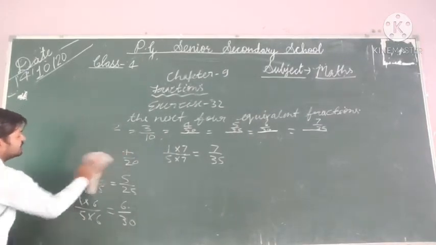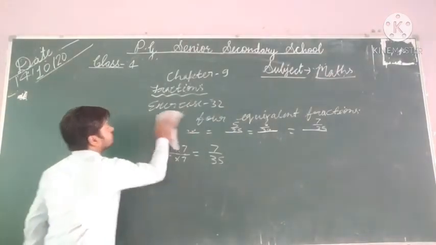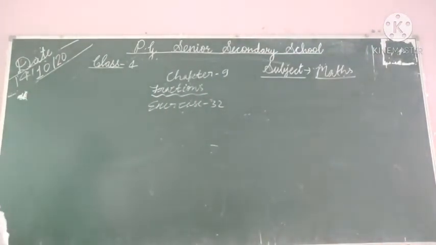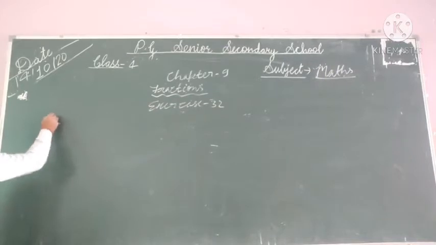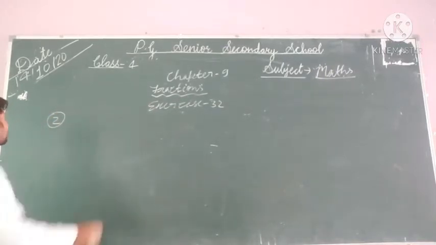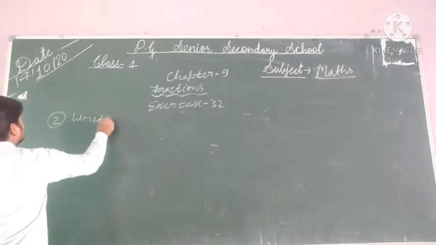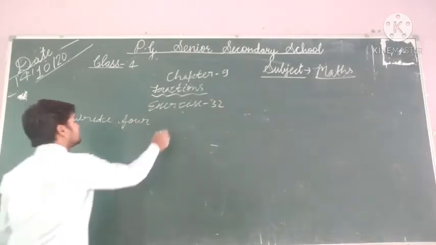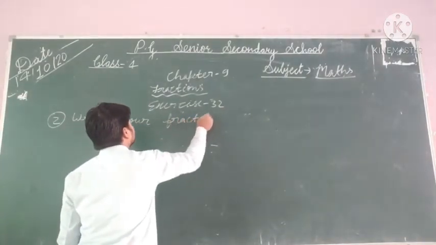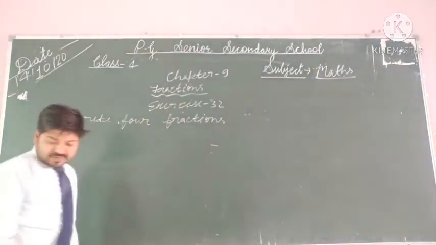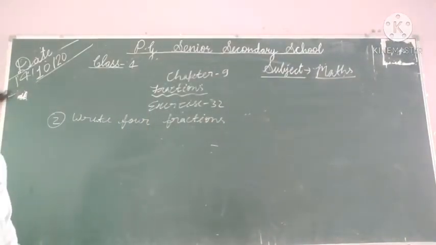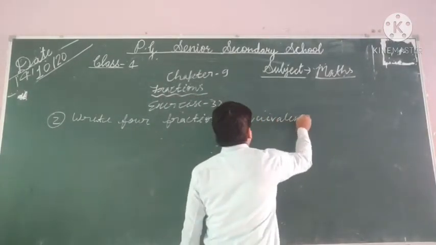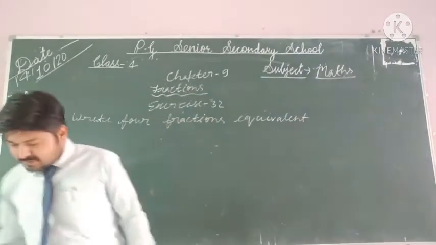Now I am going to take question number 2. The question number 2 is this. Write 4 fractions equivalent to each of the following.